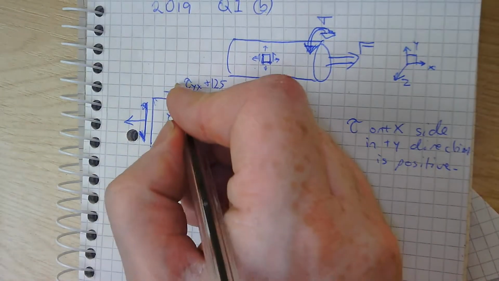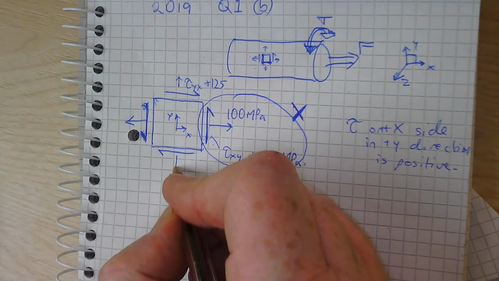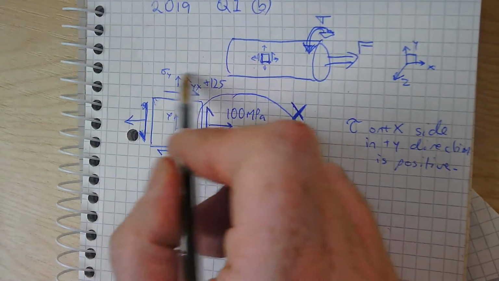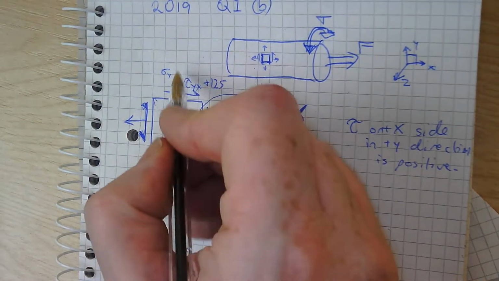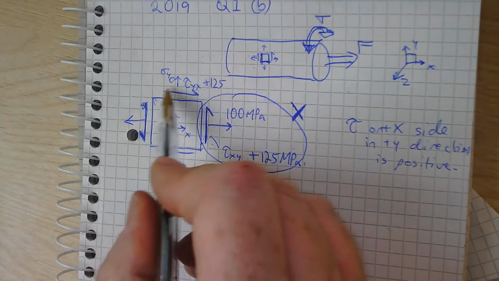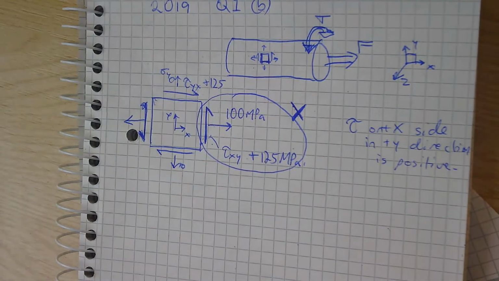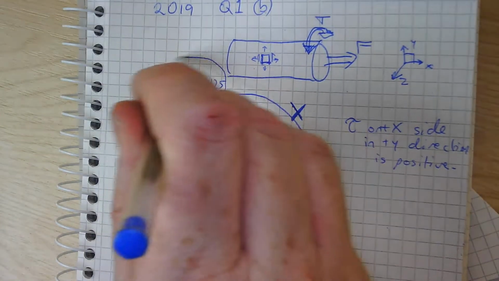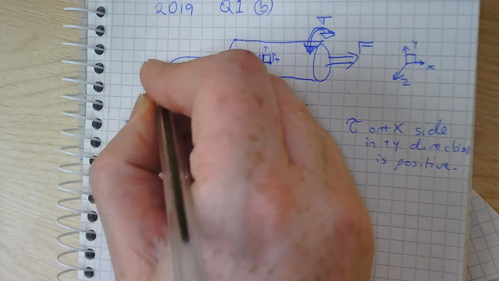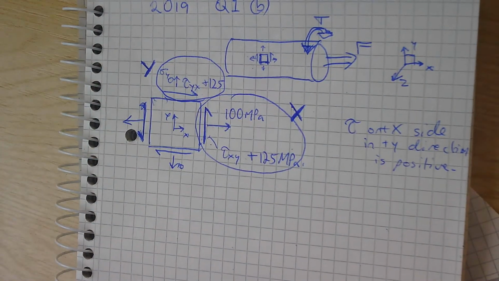And on the y side of the element, I'll want sigma y and tau yx. So sigma y is 0 in this case, and tau yx is 125. Those two points will make my y point on Mohr's circle.